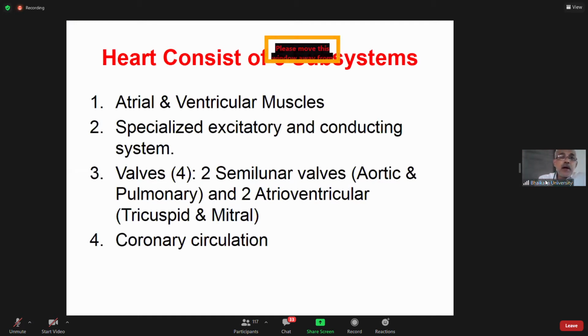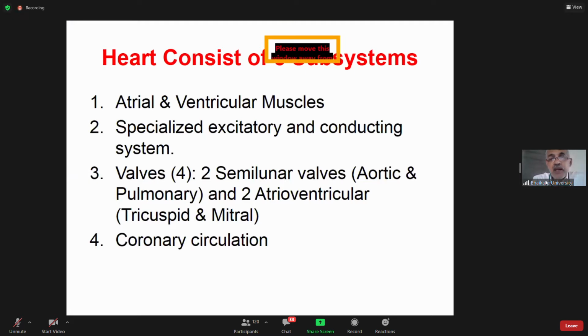Now, we can divide the heart into 5 subsystems. Atrial and ventricular musculature, they are the contracting muscles. Specialized conducting tissues, meaning SA node, AV node, internodal branches, bundle branches, and Purkinje fibers.